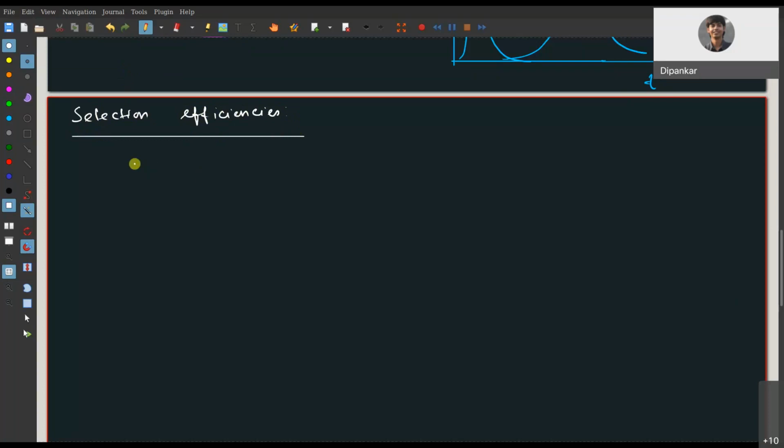Now first, this is the electron selection efficiency, that is the integral from minus infinity to t cut of g(t|e) dt, which is nothing but 1 minus alpha, if you look at the definition of alpha. So this I will call my electron selection efficiency.